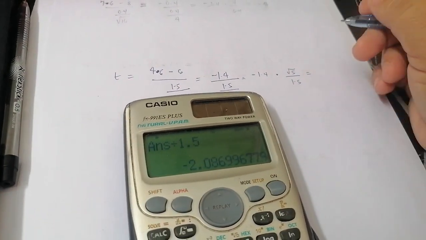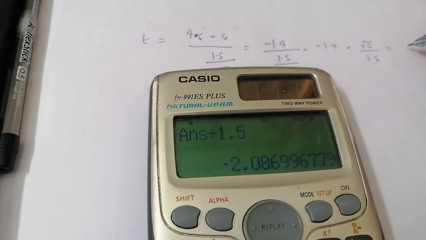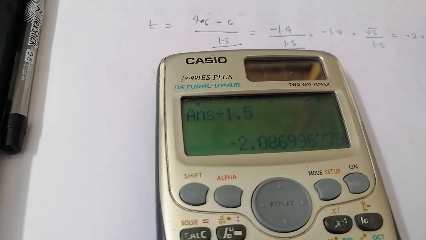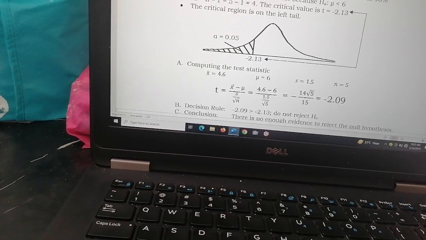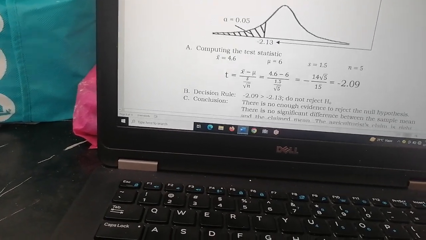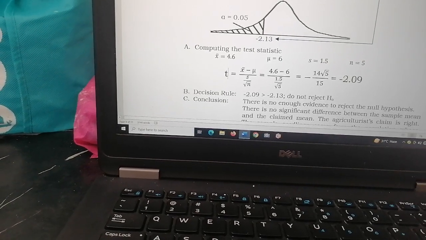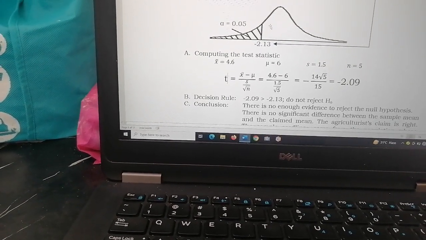So in that case, our answer is negative 2.086. Rounded to 2 decimal places, negative 2.09. So we plot this on the T-curve. Negative 2.09. Where does it fall?